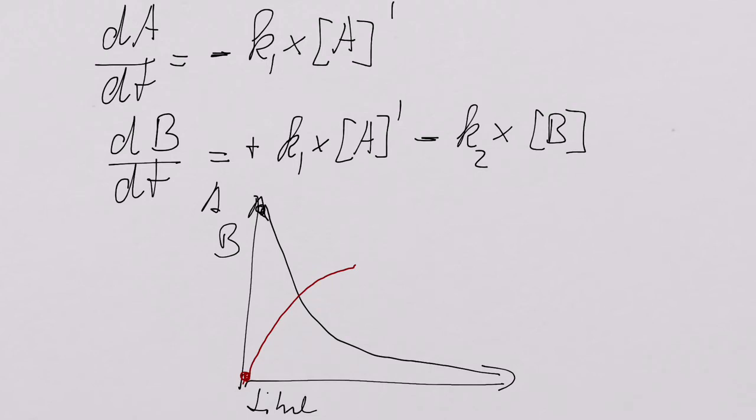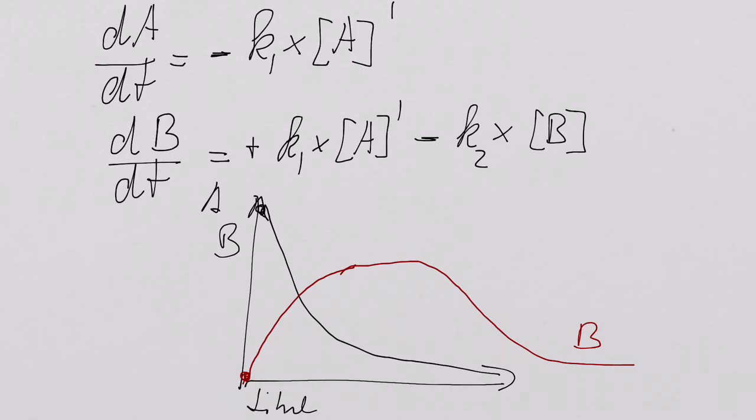It will turn into C. Yeah? So this B will go up because it's produced, but then at the same time, it goes like that. It is turned into C. Yeah? So that's B.